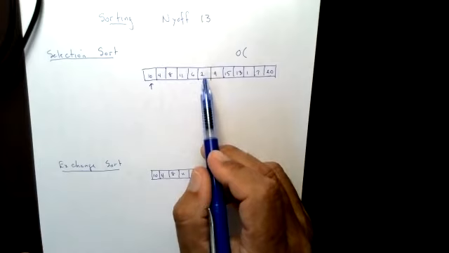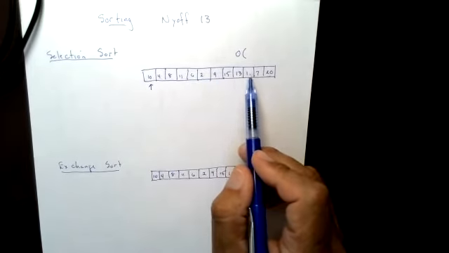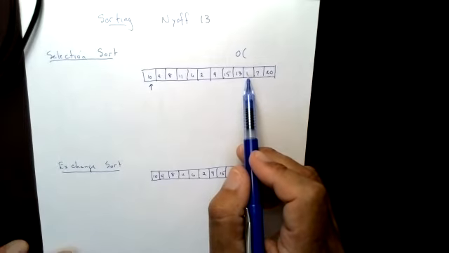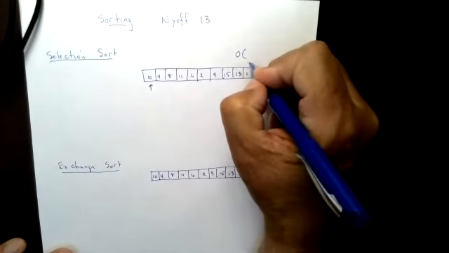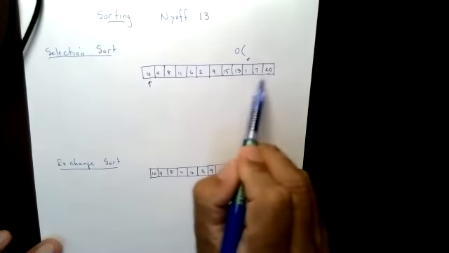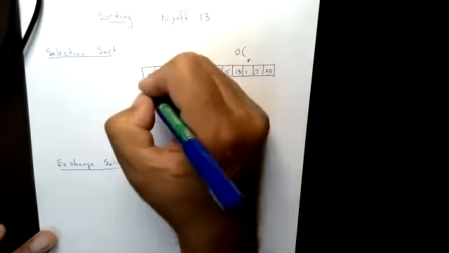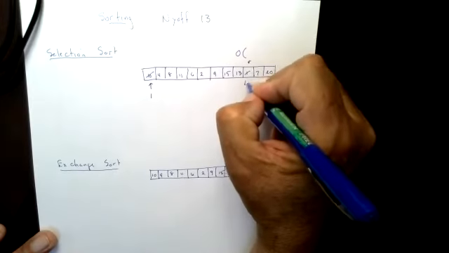Oh, 2 is smaller. The list is size 12, and I kept going all the way out and found the smallest to be a 1. Once I went through the list, I swapped them: I made this a 1 and this a 10.